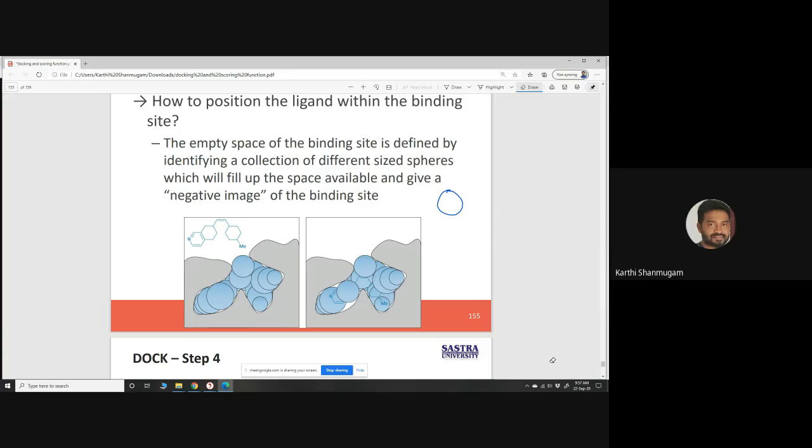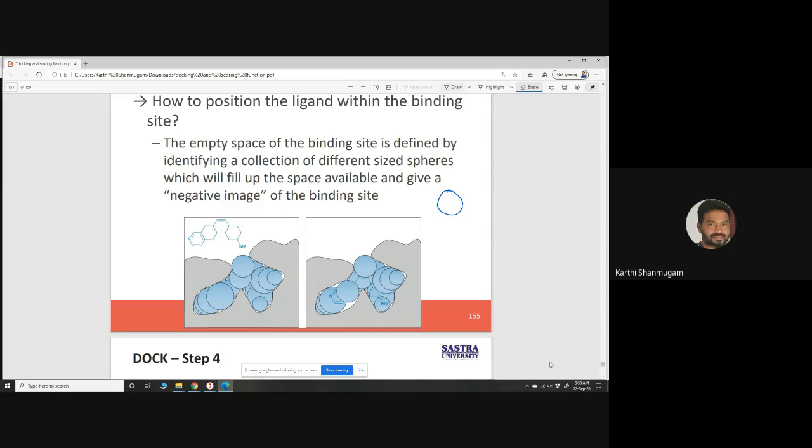Within this binding pocket, a lot of spheres are inserted, and each sphere has its own size. The second point is that once they keep a sphere inside, they ensure that each sphere kept inside the binding pocket makes contact at exactly 2 points of the binding site.